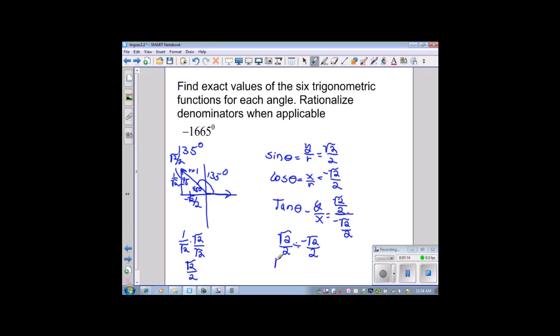This will be the square root of 2 over 2 times a negative 2 over the square root of 2. And then when I simplify, that will equal a negative 1. To complete this problem, all I need to do is find the reciprocal functions of each of my 3 functions and make sure I rationalize.